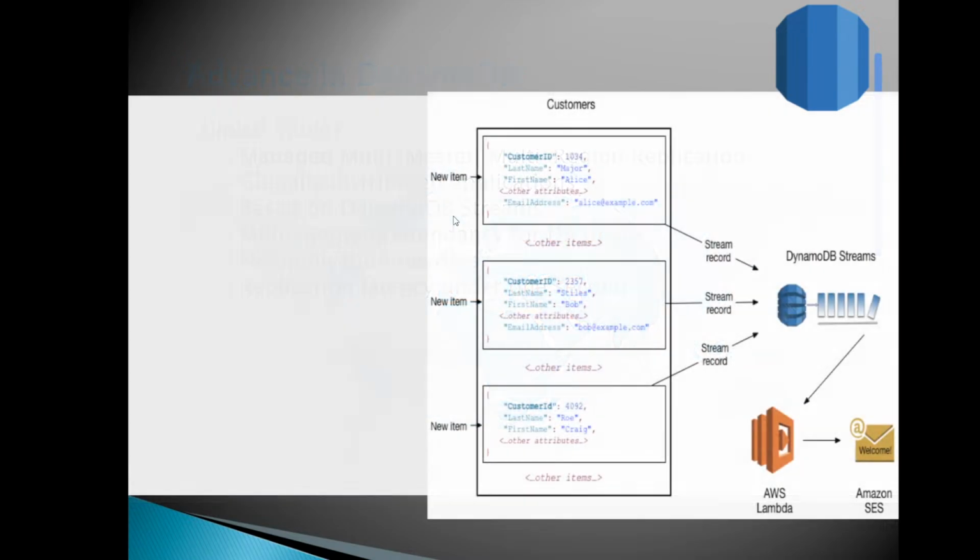Now, Amazon has recently introduced a new feature called Stream. What is Stream? If you are doing any update in your table, adding a new item, deleting an item, or updating any item, it will send a notification. It will put your information in Stream, and that Stream can be used to send a notification.